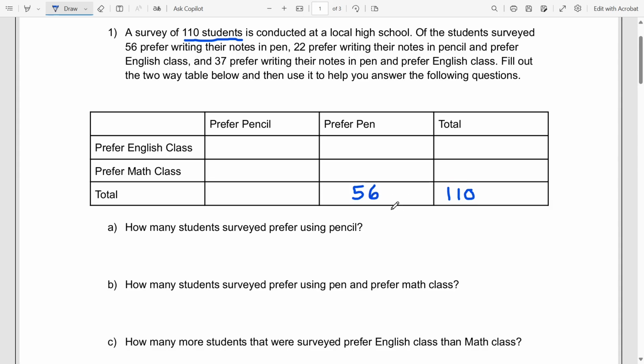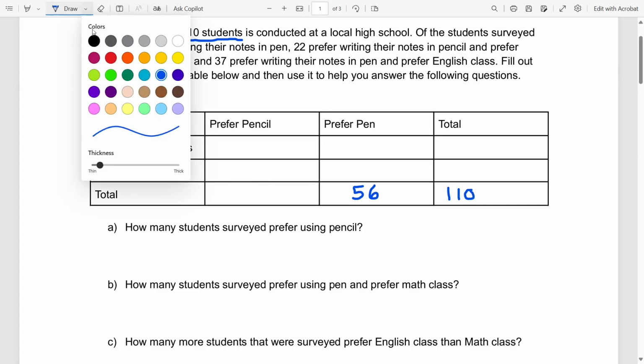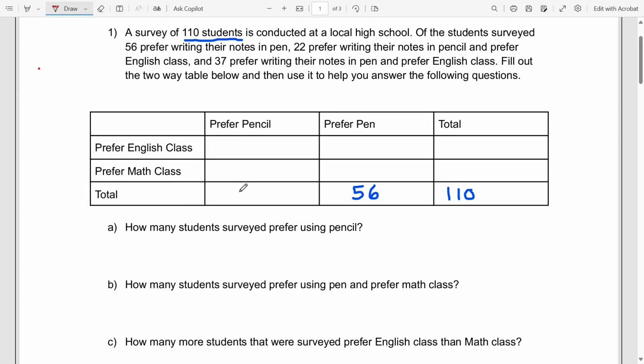And we can already start to deduce a few things from that. So 110 minus 56 will give us the amount that prefer the pencil. So let's see, we take away 110 minus 60 is 50, go another 4, so that'd be 54 prefer pencil. Let's do that in a different color here. So 54 prefer pencil.